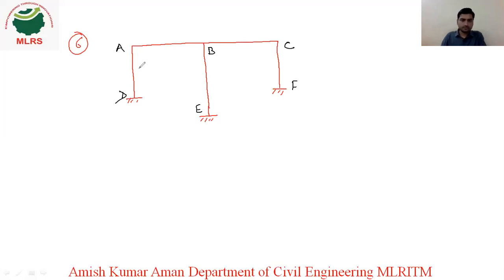This span is 3 meter. This span is also 3 meter, and this span is 4.5 meter. Now coming to the moment of inertia, 2I for this, this leg is also 2I, and for the CF leg also 2I.